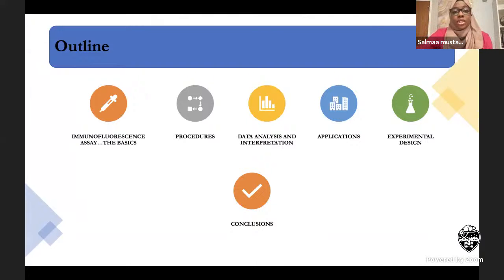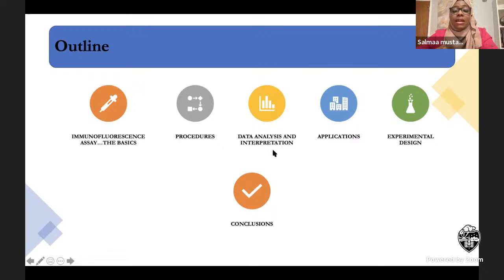So the outline for today's presentation is as follows. I will talk a little bit about the basics of immunofluorescence assay, the procedures, the protocol that you can use and how you can troubleshoot, the different materials that you can use and how you can help yourself to get acquainted with the different methods that there are out there for IFA.